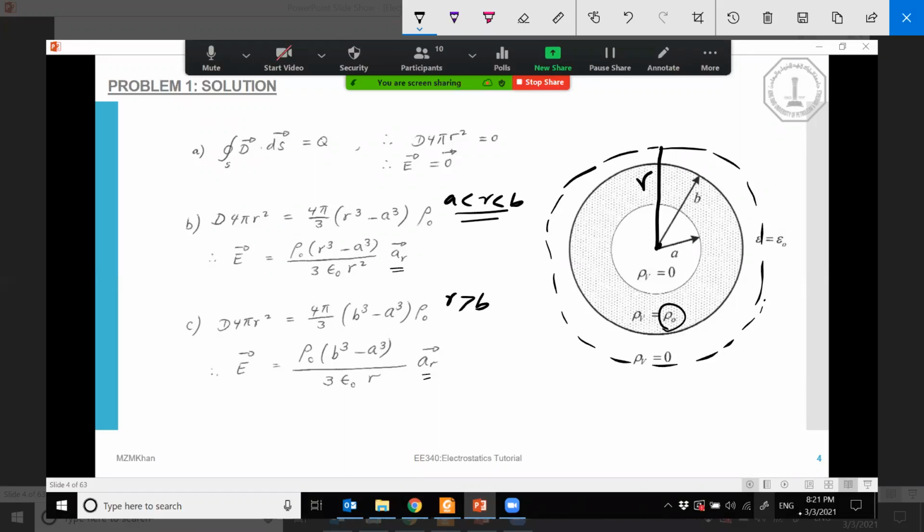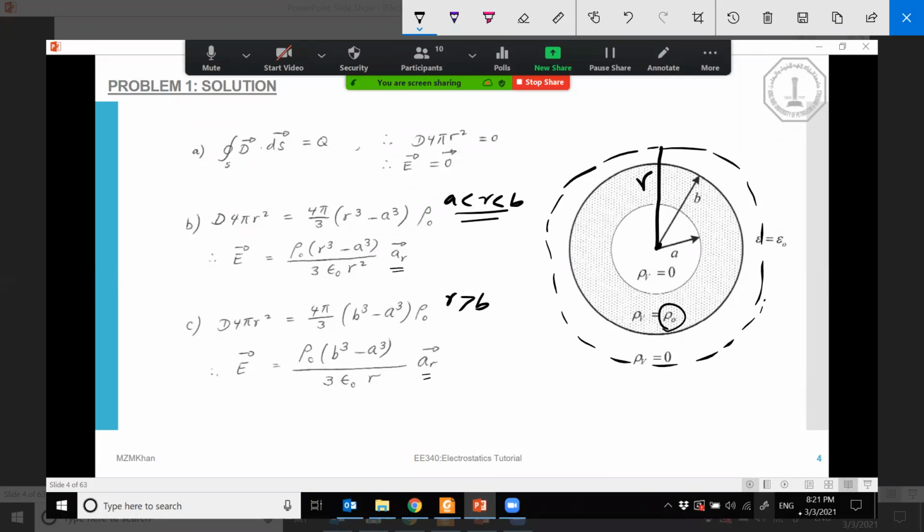So if we use Coulomb's law, you will see that since it's a positive charge density, your electric field should go away from that charge in a radial manner.